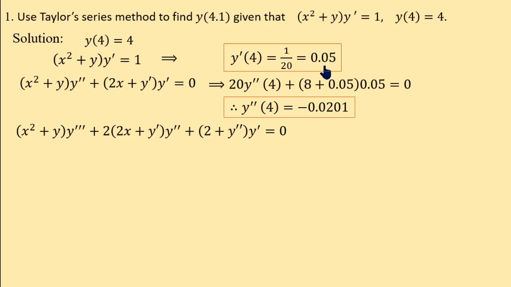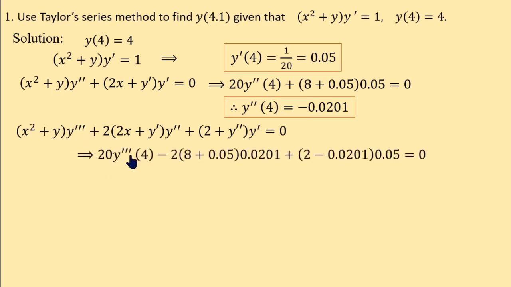Now substitute the value of x, y, that is 4 and 4, and y dash, that is 0.05, and y double dash, that is minus 0.0201 in this. 20 into y triple dash at 4 plus 2 into 8 plus 0.05 into minus 0.0201, take minus outside.